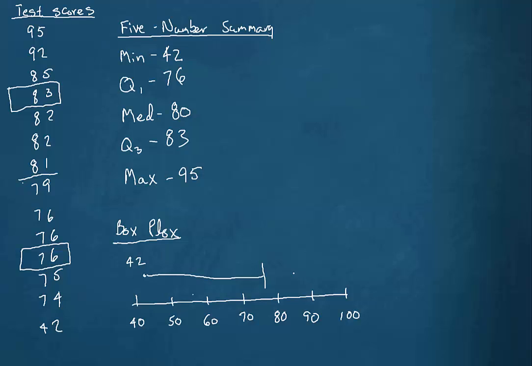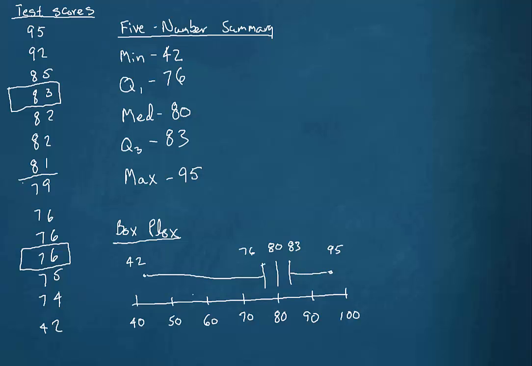And then we would draw another vertical line segment at the median, another vertical line segment at the third quartile, and then label all these things as we go, 76, 80, 83, and then another dot at the maximum value, label that, and connect it in the same way that we did the minimum value.